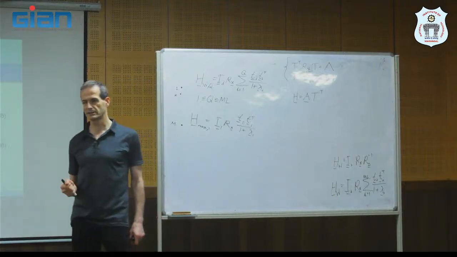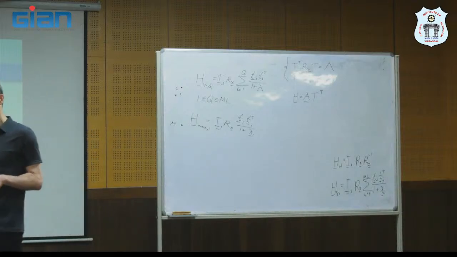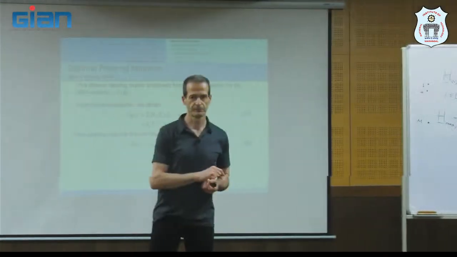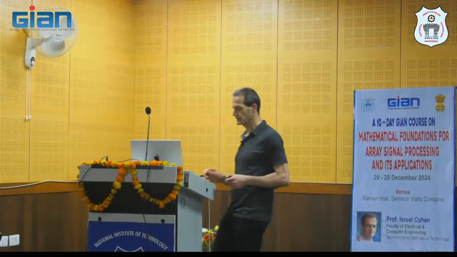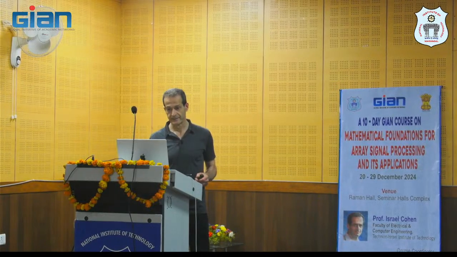It's a good exercise. Many things that I say, I don't give you the proof, but you can prove it, it's in the book. Okay? Any questions? Okay, good. Now we can move on to the MVDR.